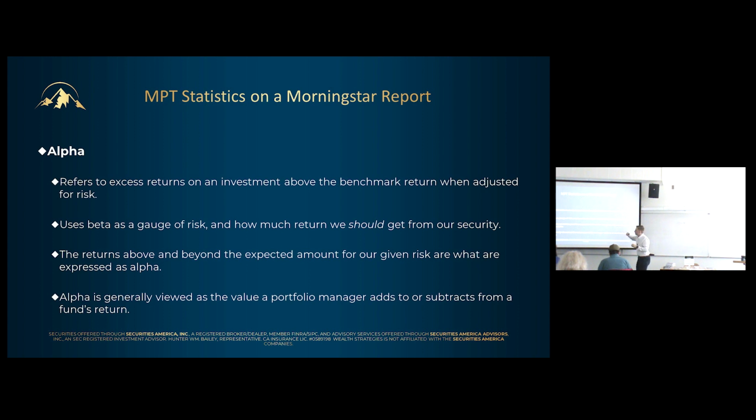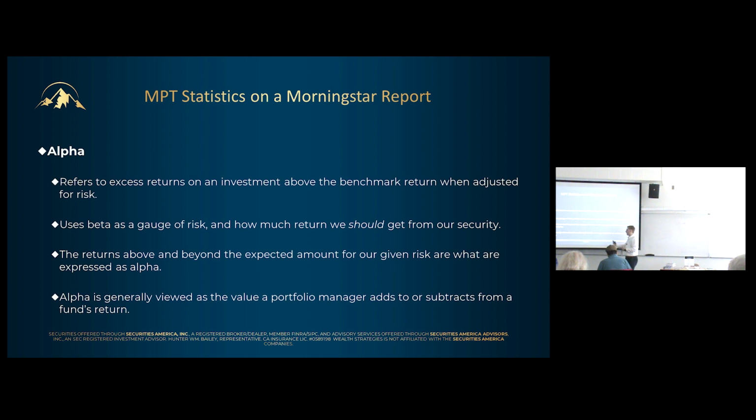So beta is determining how much risk we're taking and how much return we should be seeing. Because if we have a beta of 1.5 and the market goes up 10%, we should see a return of 15%. That should theoretically be how it works in most average scenarios. Obviously, there are outliers, as there always are, but that's what we should be expecting on a normal basis.